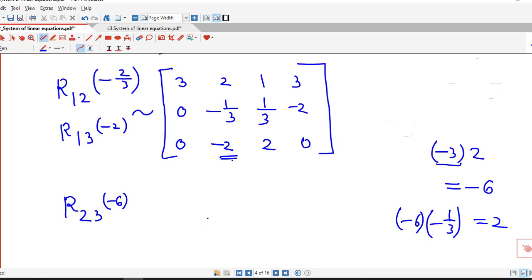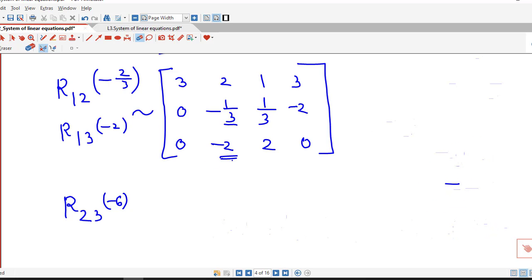So we can see minus 1 by 3 into minus 6, minus 2, and you can see negative negative positive, so we will obtain 0 here. So in the next operation we multiply second row by minus 6 and add in third row. So third row will change, this is 0 minus 1 by 3, 1 by 3, minus 2.